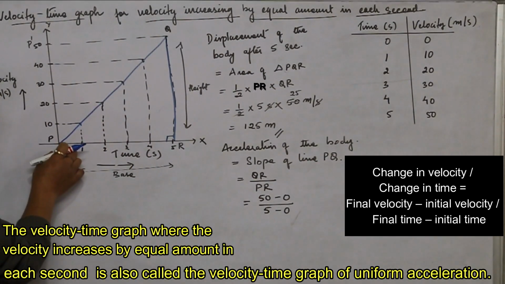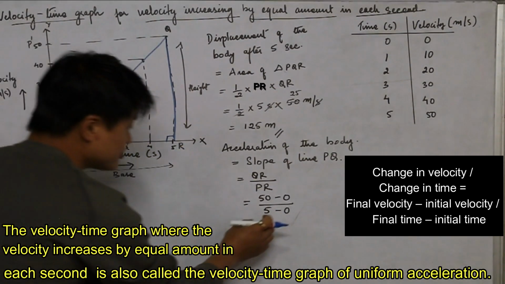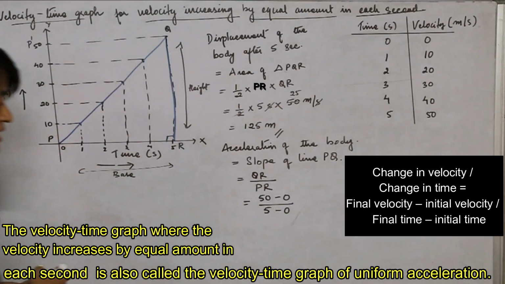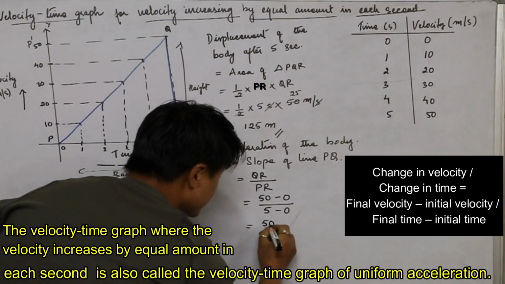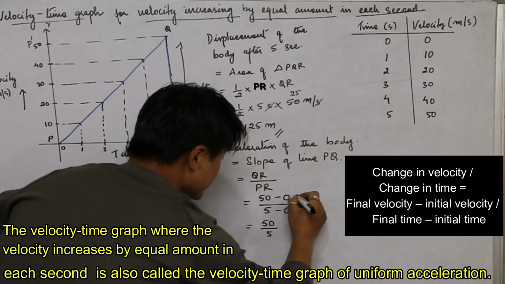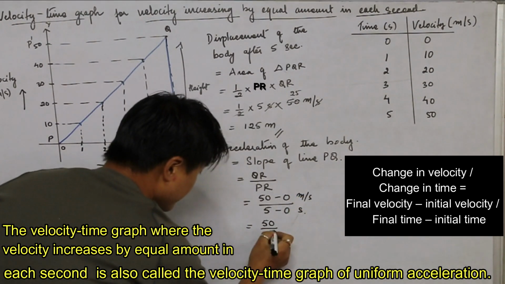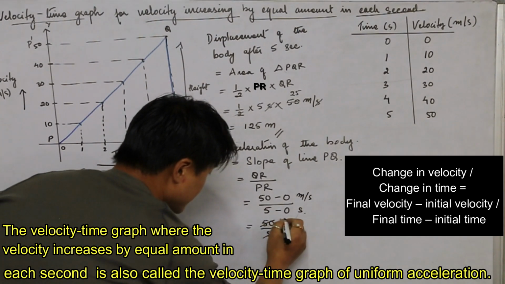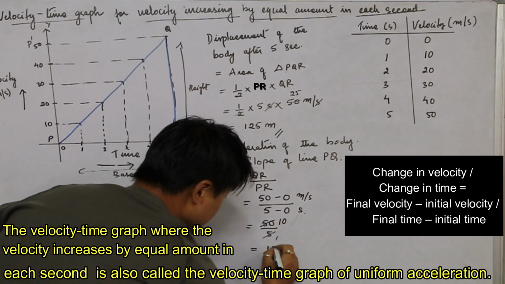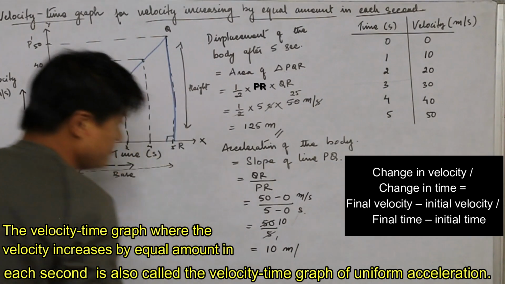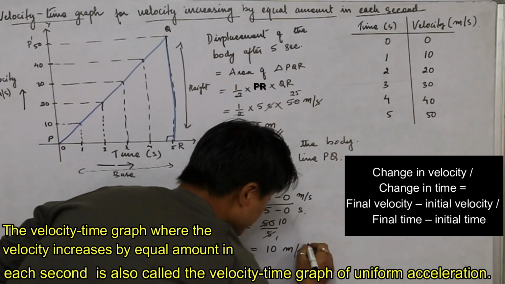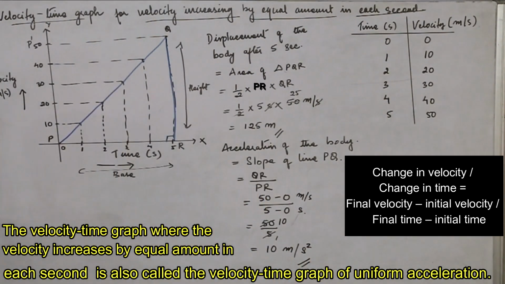Here initial time is 0, final time is 5, so that means final time minus initial time. This is equal to 50 divided by 5. This is meter per second, this is second. 5 tens are 50, so 10. This will give you 10 meter per second per second, that is meter per second square. This is the acceleration of the moving body.